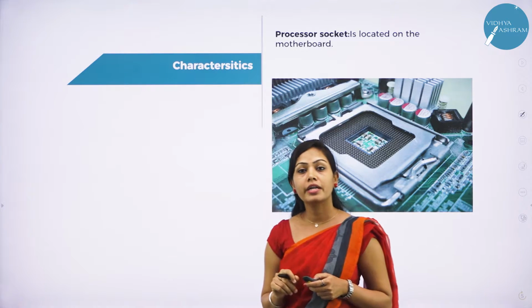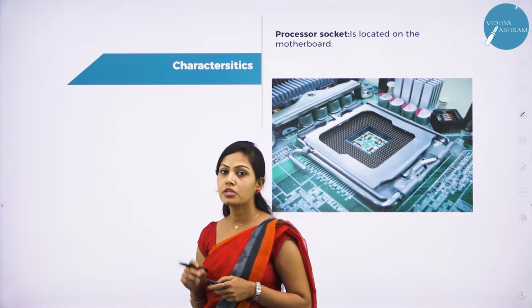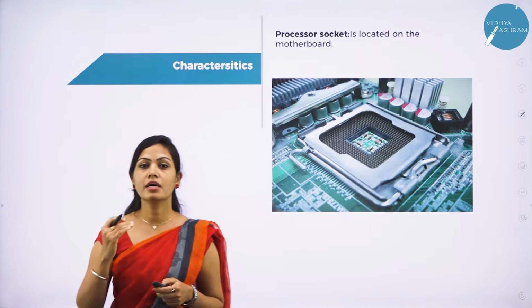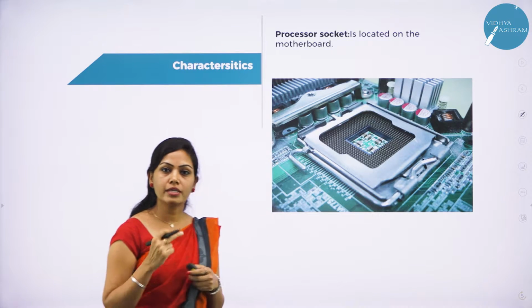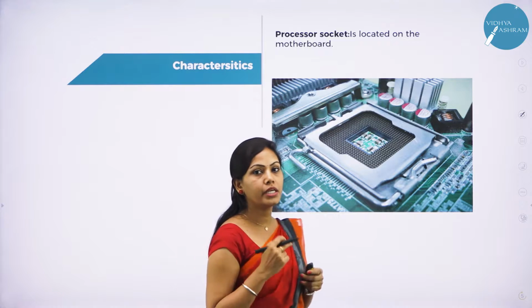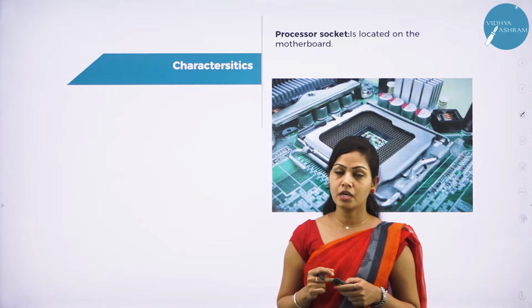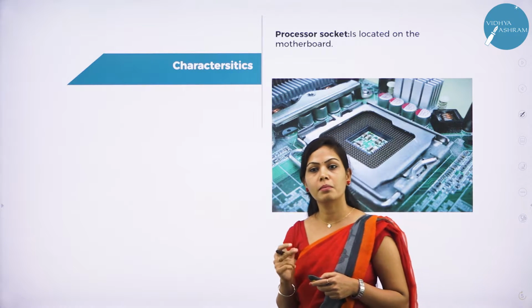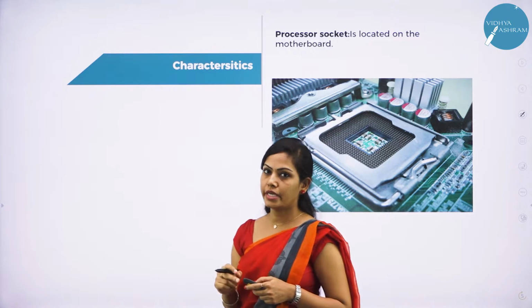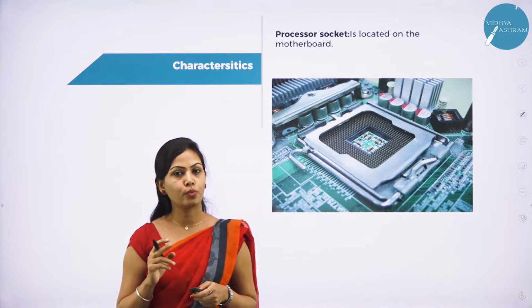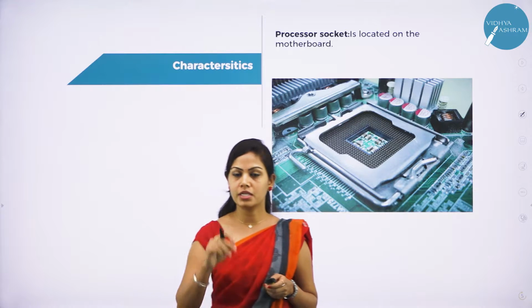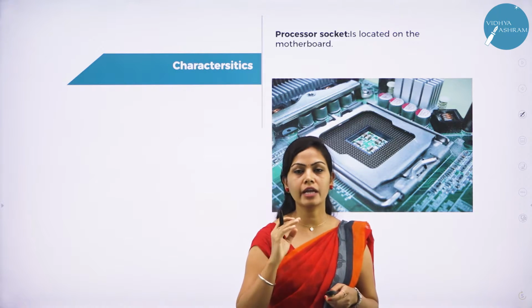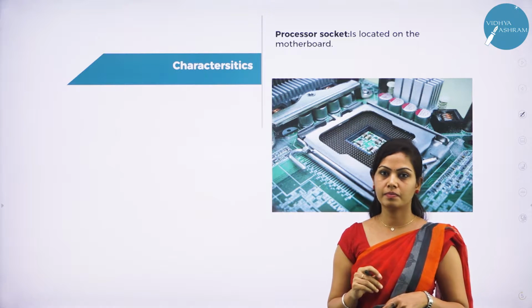It may be a rectangular connector into which the processor is mounted vertically, or a square shaped connector with many small connectors. So, it is located on the motherboard. These 3 things are very important while designing motherboard, that is form factor, chipset and processor socket used.